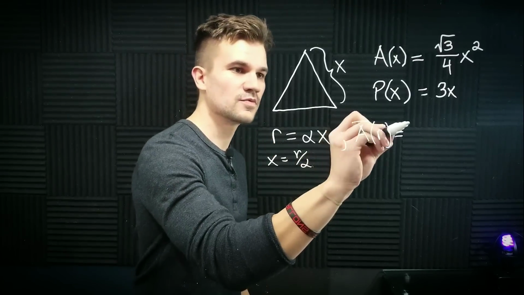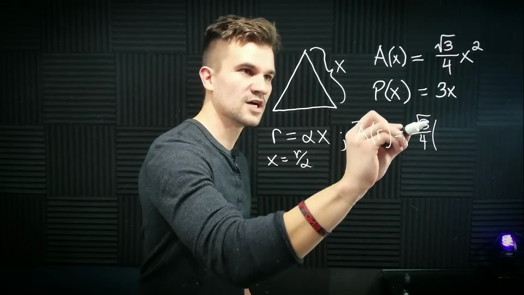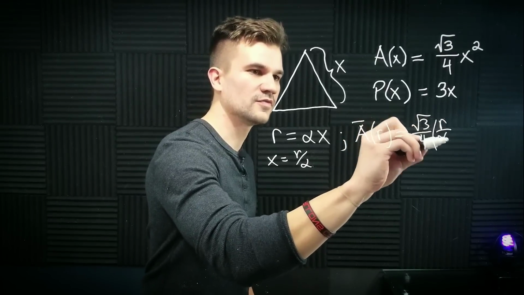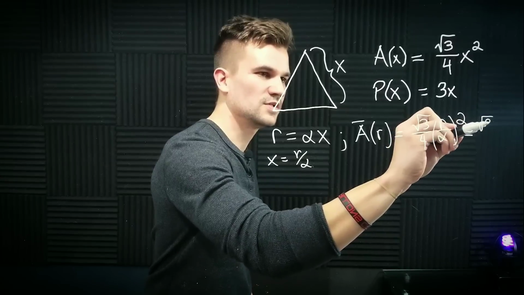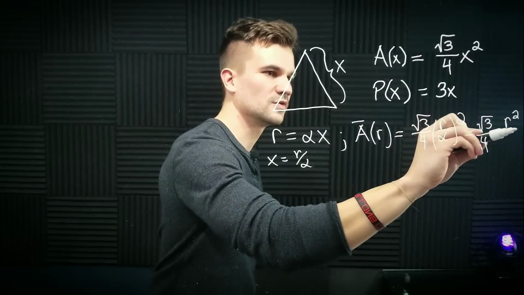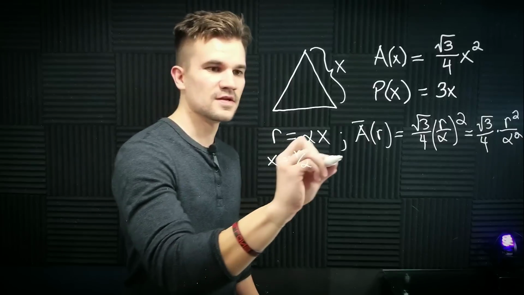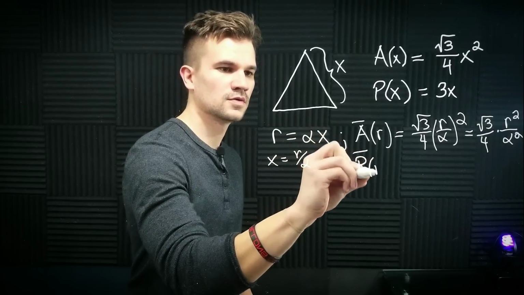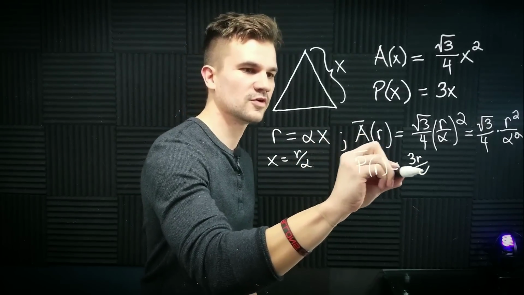So we're going to have root 3 over 4 times (r over alpha) squared, which is root 3 over 4 times r squared over alpha squared. Right, and then P bar of r is going to be 3r over alpha.